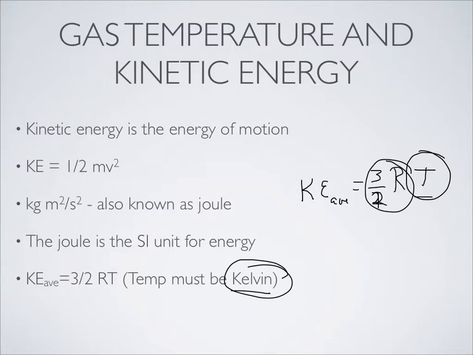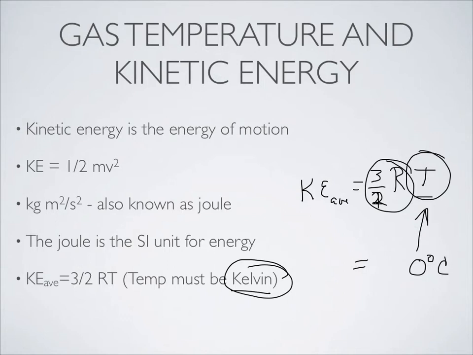This is probably one of the biggest things you've got to remember in this chapter: you cannot use Celsius temperatures. You have to use Kelvin, because think about it, if this was Celsius, we would be saying that if something were 0 degrees C, it would no longer have any energy, it couldn't be moving, which would mean that air in your car tires on a freezing day below zero wouldn't have any pressure at all, and that's not true.